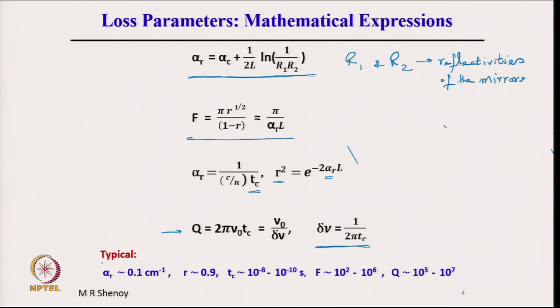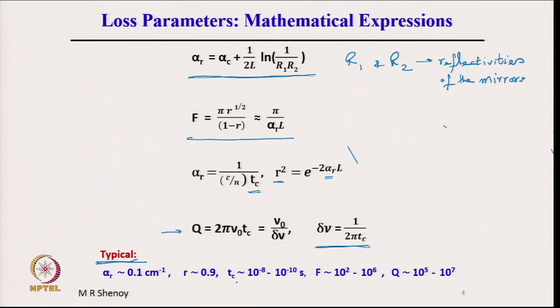I have listed some typical numbers here. If you have a numerical problem, you have to be familiar with the typical numbers which resonators have. Alpha r could be of the order of 0.1 centimeter inverse. R, the amplitude attenuation factor, we have already taken examples of the order of 0.9.